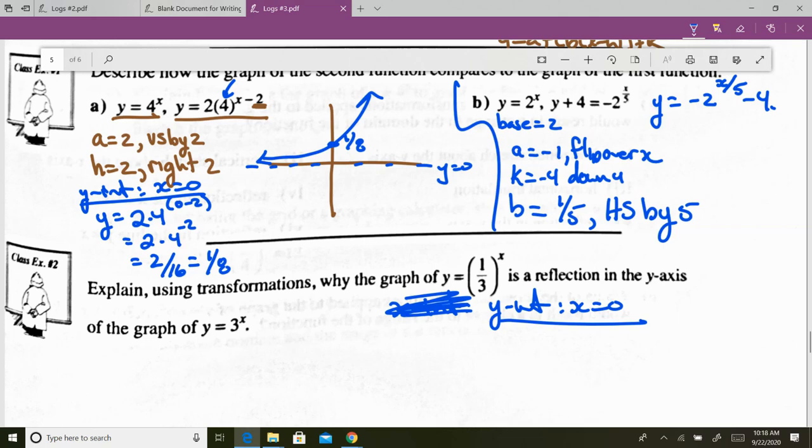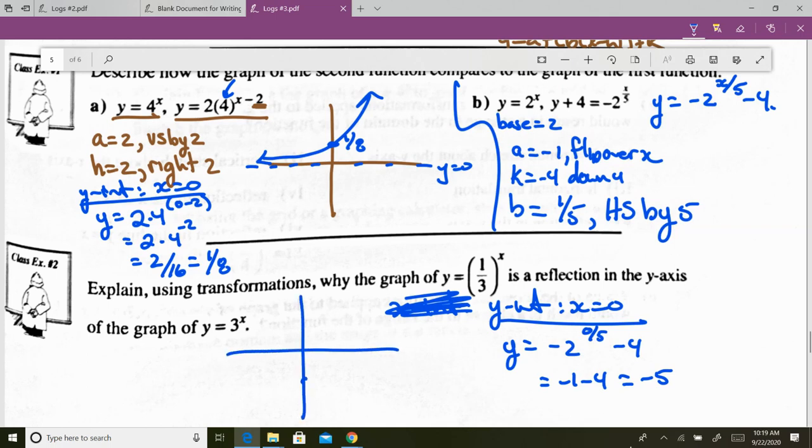So if I put x is equal to 0 into this, I get y is equal to -2 to the power of 0 over 5 minus 4. 0 divided by anything is what? 0. 2 to the power of 0 is 1, there's a negative in front of here, so that becomes -1. What's -1 minus 4? -5, right? So our y-intercept is -5.